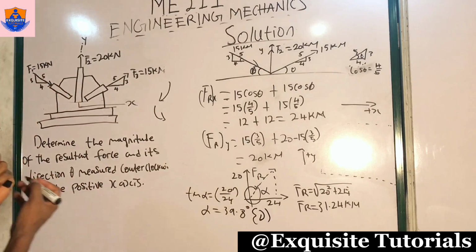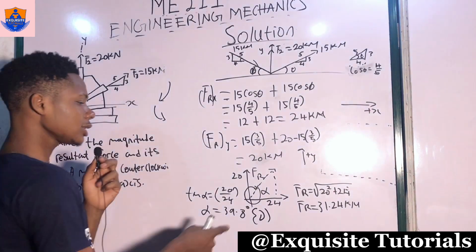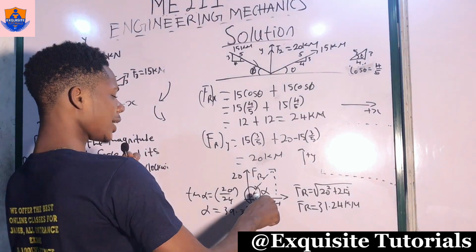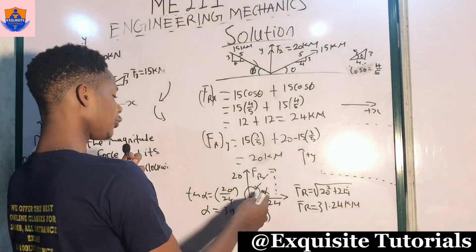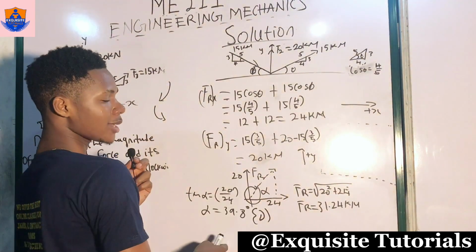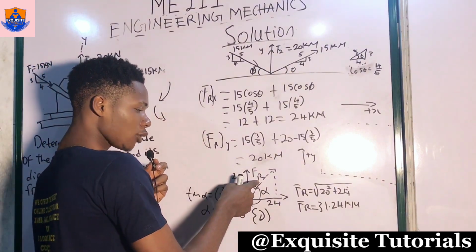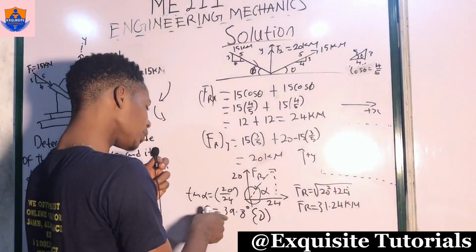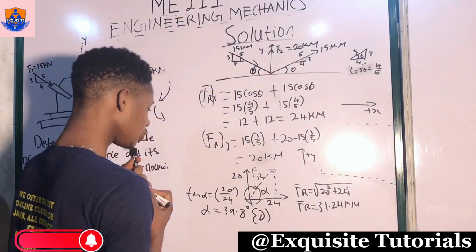Or rather, since the question said from the positive axis we are taking the counterclockwise direction, it means if we are going like this from the positive x-axis, we are having the clockwise direction, and if we are going like this, we have the counterclockwise direction. Since they said from the positive x-axis, not from the force, we can leave 39.8 degrees as the direction for this particular question.